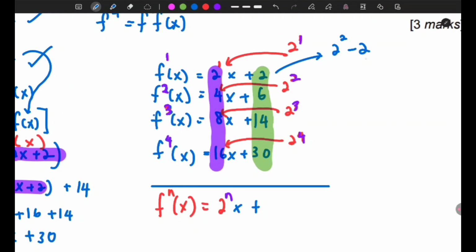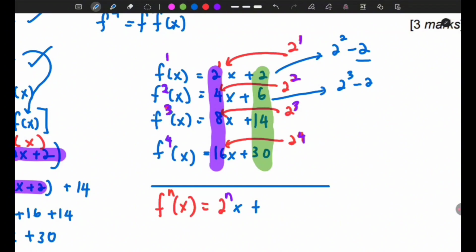Because all of these are multiples of 2, you need to think in terms of 2. This one, 6, I would say is 2 to the power of 3 minus 2, isn't it? 8 minus 2, 6.